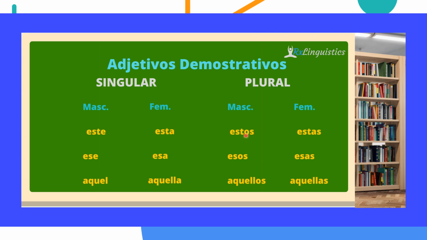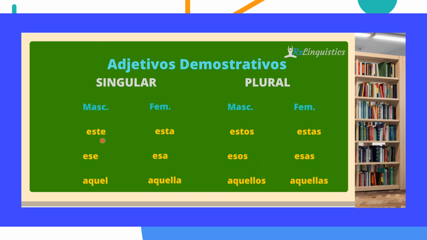If there are a lot of women together, you have to use a feminine adjective as well. If the object is masculine, the adjective will be masculine. If the object is feminine, the adjective will be feminine. If it's plural, masculine or feminine, they also have to agree. The adjective has to agree with the noun it describes or modifies in gender and in number. Such features do not exist in English for adjectives, but in Spanish they do.